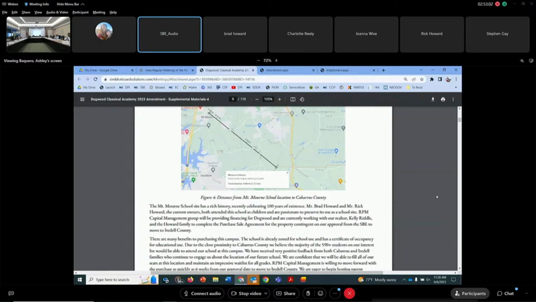They are working with several organizations, BOMA USA, RPM Capital Management, which has provided a letter about financing. They're working with Miss Madeline Hannigan, who's an executive director of Great Schools North Carolina, for resources and funding.